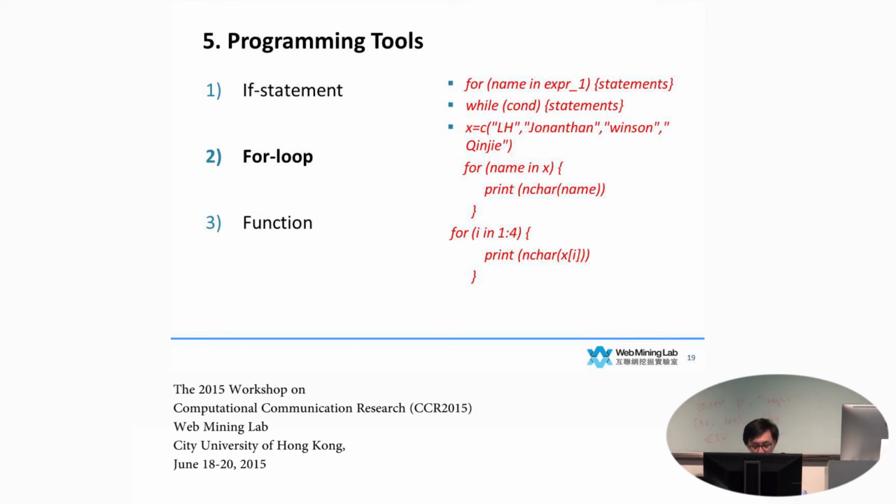We want to loop from 1 to 4, and we calculate the number of characters. What's the character that is in names? Here names. Actually, we should define a new variable i. For i from 1 to 4.